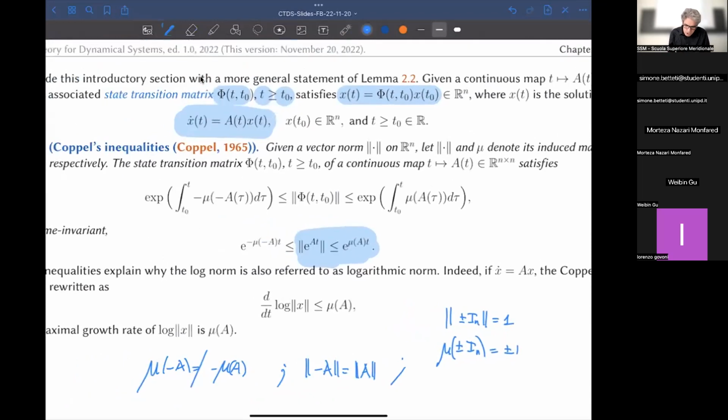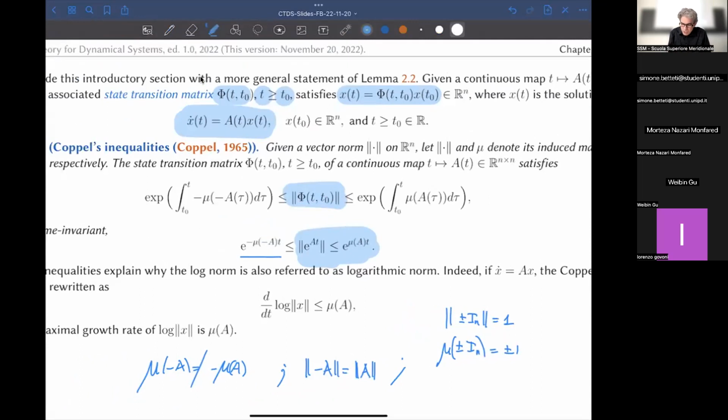So, as I was mentioning, Coppel proves the lower bound, but more importantly, Coppel proves the upper bound and lower bound for the time-varying case. The upper bound is an upper bound not on the induced norm of e to the at, but on the induced norm of the state transition matrix.